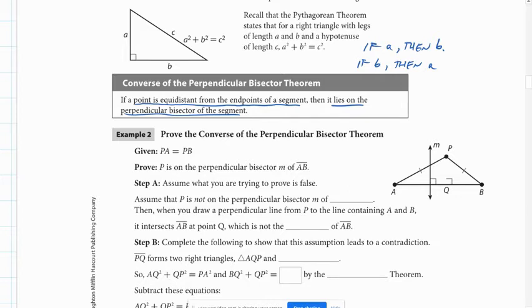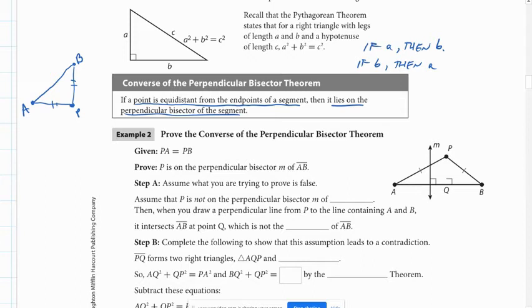And so what this is saying is that if you have a segment and you pick any point that is equidistant from the two endpoints, that point, in this case P, must be on the perpendicular bisector of AB.